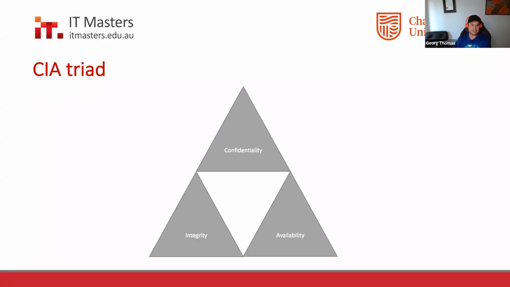Moving on to integrity. This is around the accuracy of information. Once again, encryption plays a big part because encryption can help ensure integrity. And once again, that's controlling access so that only the right people can tamper with it, can modify it or update it or whatnot.